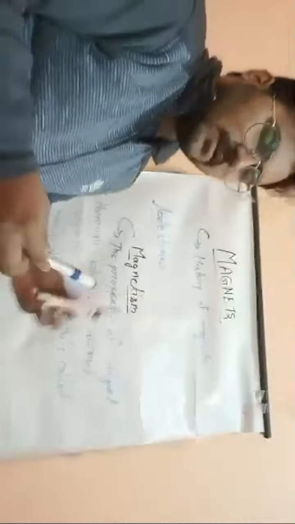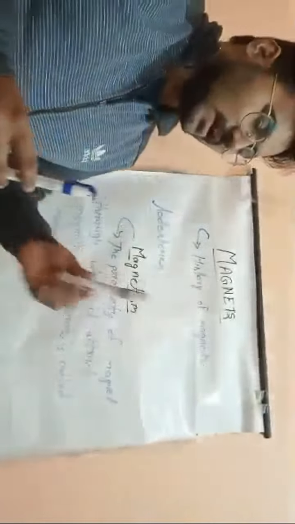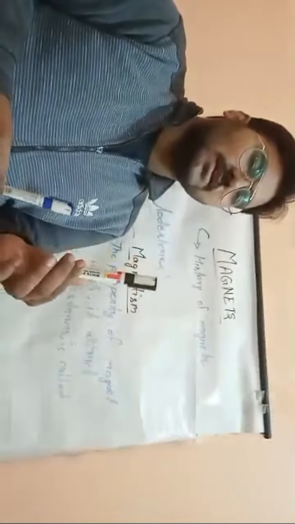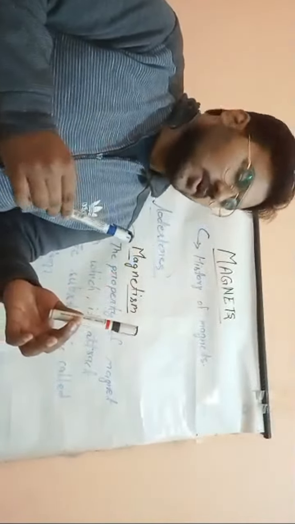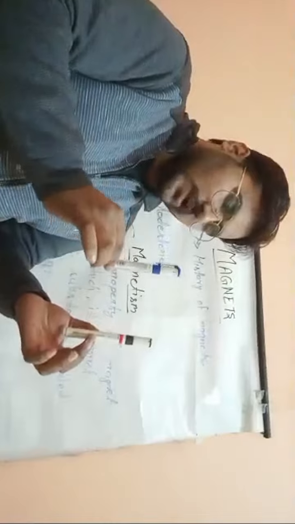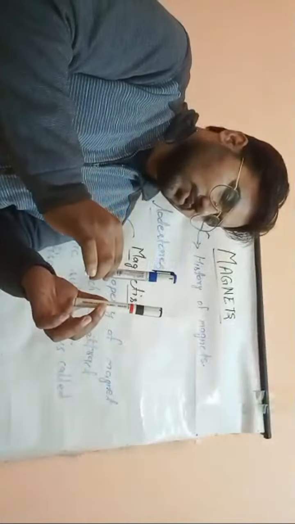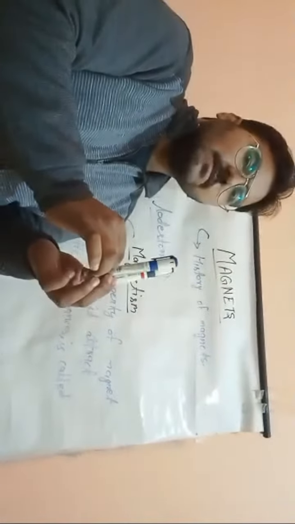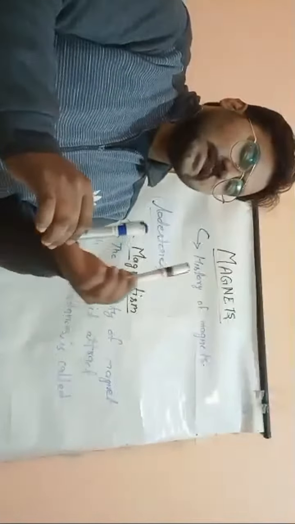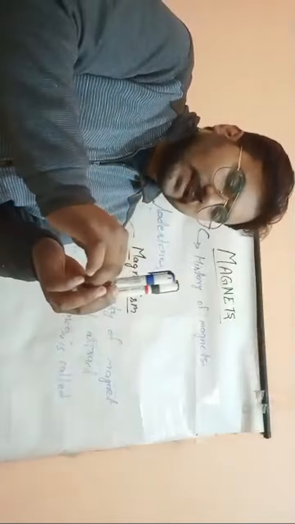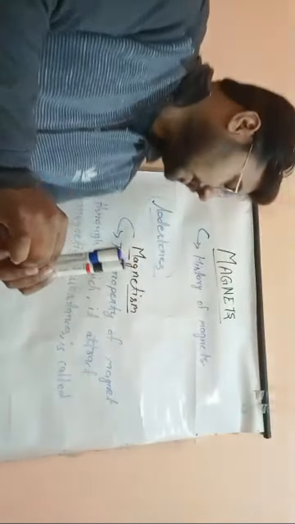Suppose I am taking these markers, and suppose this black one is an iron substance and this blue one is a magnet. When they come in contact, what will happen? They will stick together. So this property, through which the iron substance is attracted towards the magnet, is called magnetism.